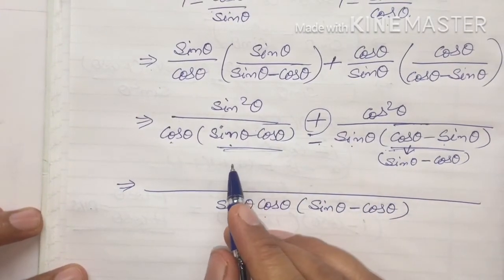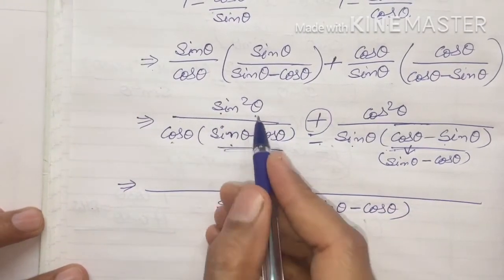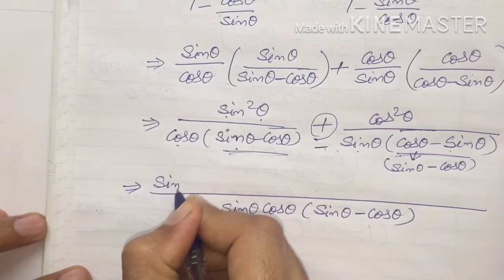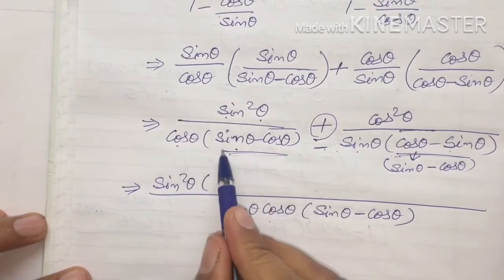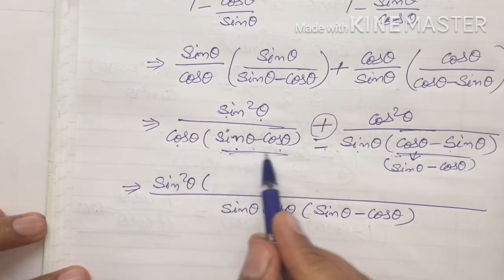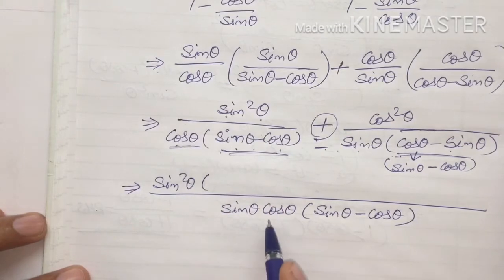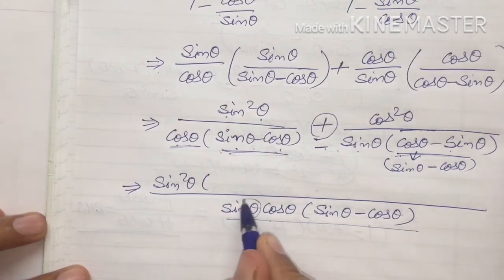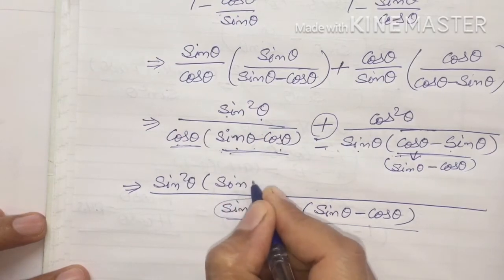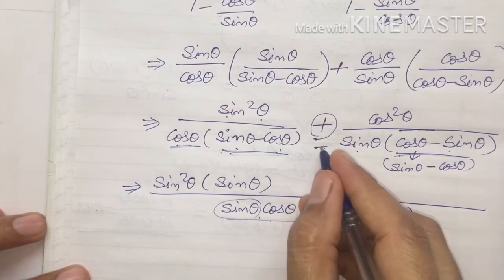In the up part, sine square theta is there in the numerator in the first term. So sine square theta, and sine theta minus cos theta is in the down part, and cos theta is also there. So from the LCM, only sine theta we have to multiply with this. So sine theta, and minus is there now.